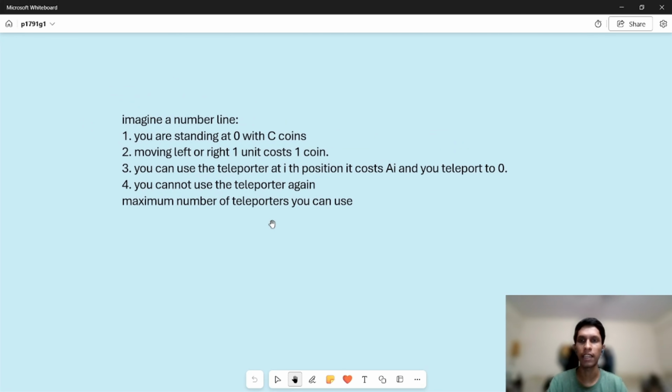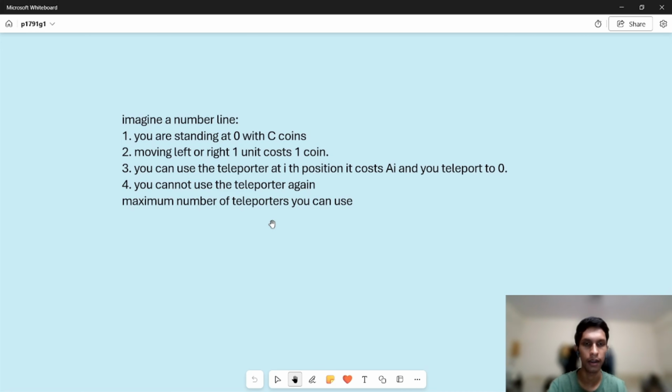So just imagine that you're standing on a number line. Initially, you will be standing at the point 0 with c coins. Let's say c is some integer, and you can do three things. Firstly, you can move left 1 unit, it will cost 1 coin. You can move right 1 unit, it will cost 1 coin. Or if there exists a door at the ith position, you can use the door and it will cost you a_i points.